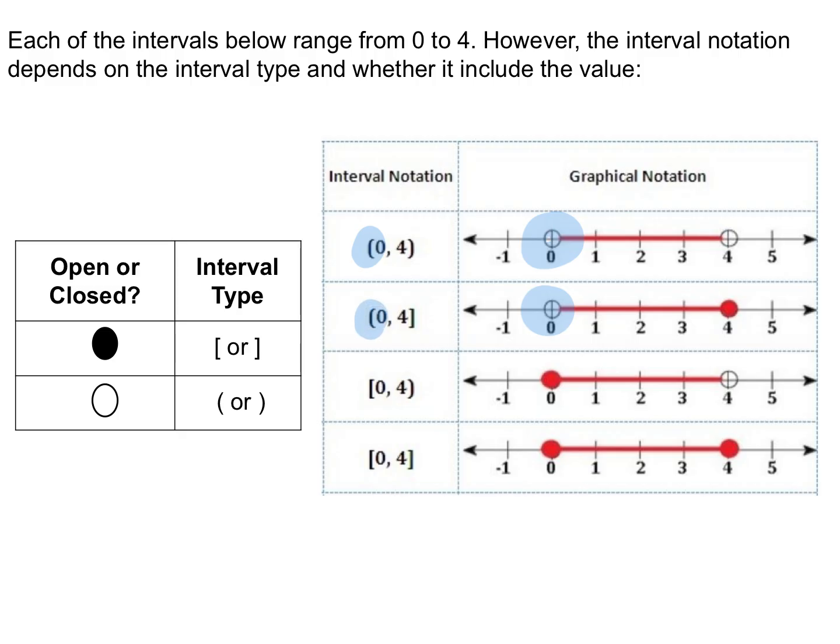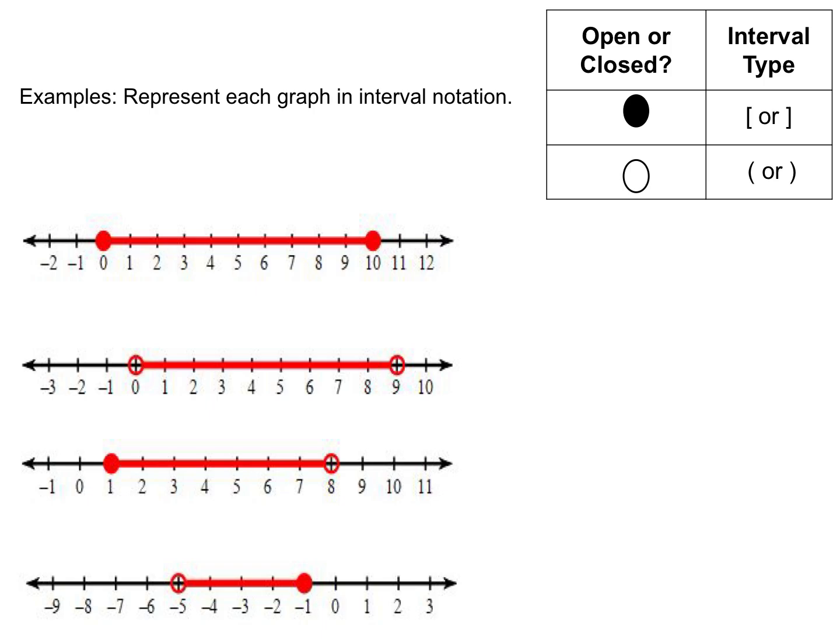We also have an open circle to end with the 4, so I use a parentheses there. Compared to when we have a closed circle, I use a bracket. Here I have a closed circle with a 0, so I use a bracket. And the 0 and the 4 both have a closed circle, so I use a bracket to indicate it includes the number.